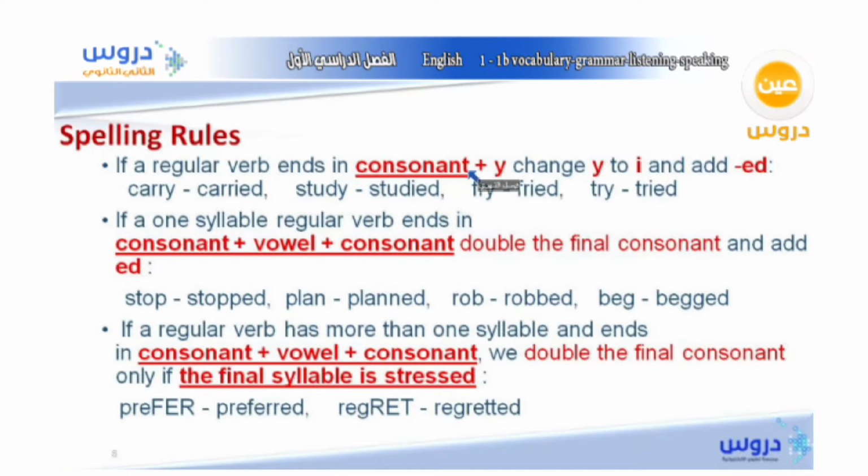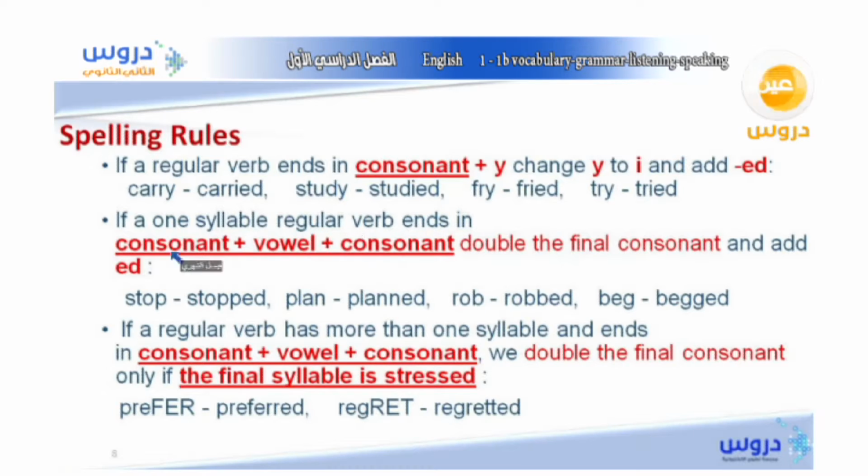If a one-syllable regular verb ends in consonant, vowel, consonant, double the final consonant and add -ed. And I told you, always by example we can get things clear. So we have a consonant over here, and we have a consonant also over here.